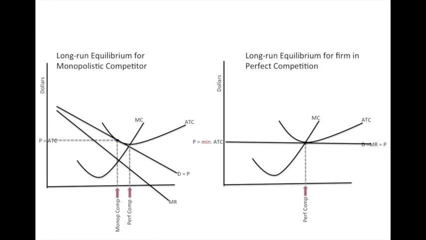Excess capacity is going to be the difference in quantity that the monopolistic competitor makes compared to what the perfect competitor would make in the long run. In other words, the minimum ATC quantity compared to the profit max quantity in the long run for a monopolistic competitor. That's what excess capacity is.